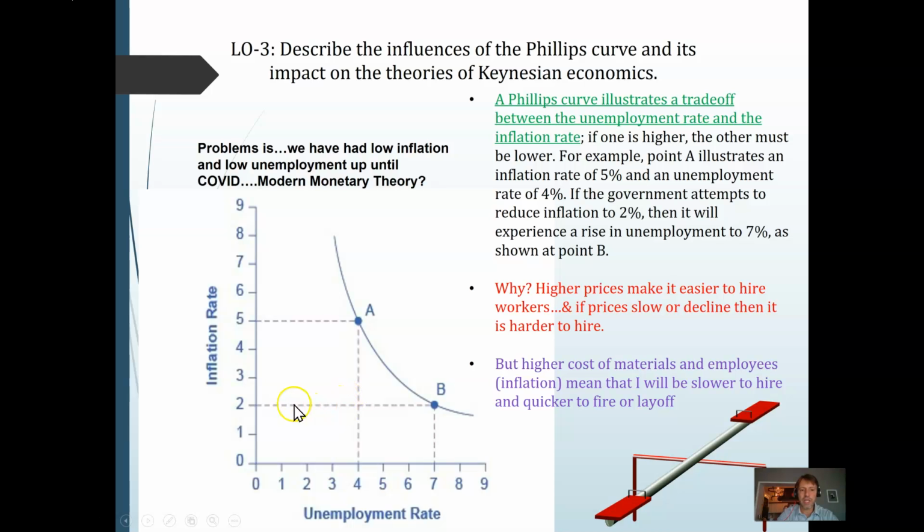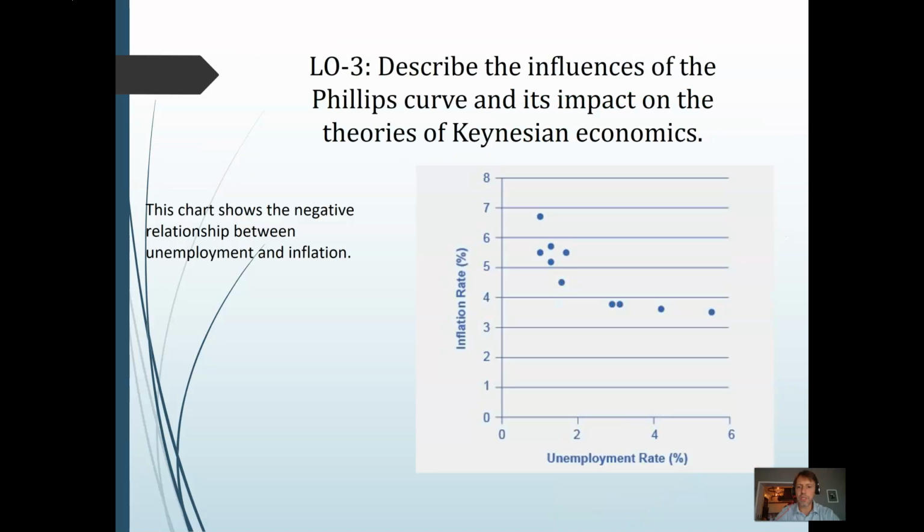That doesn't necessarily have to create inflation, that there are other uses for that money than just driving prices up. So it's a current debate on how accurate this is, but you need to understand the Phillips curve says there is a relationship. The relationship is one gets higher, the other gets lower. And so you have to make a trade-off between the two.